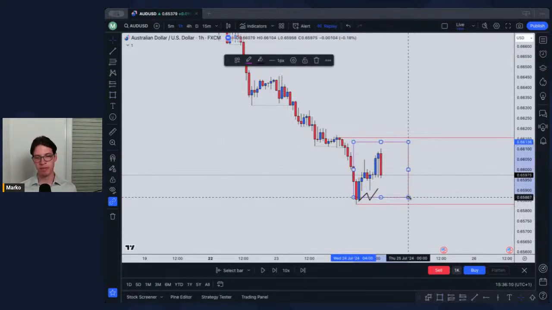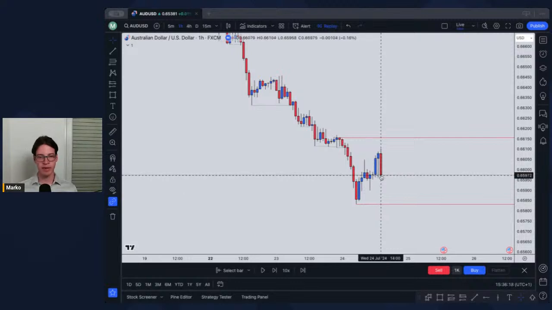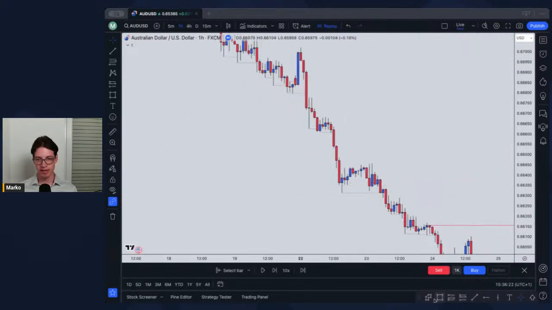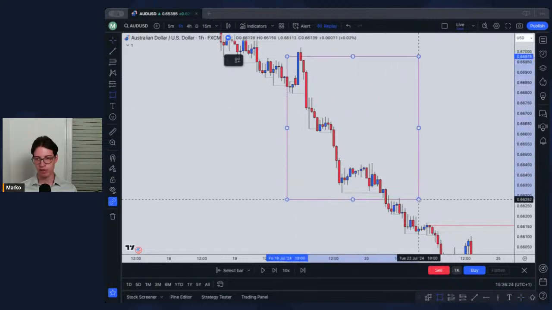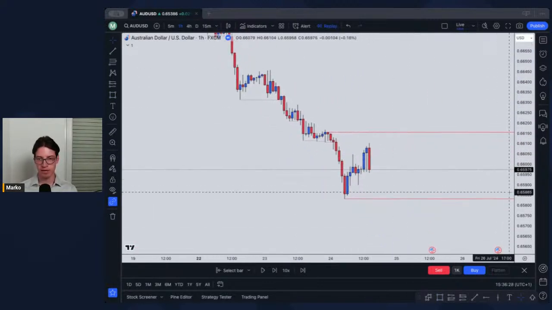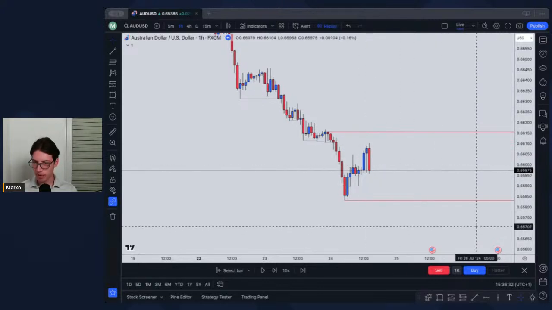I have it in my plan to avoid large flags on the Aussie and the US dollar. That was the biggest reason, basically. Price action was looking okay. We were definitely trending down, definitely showing a lot of bearish pressure. But this was too much buying pressure.